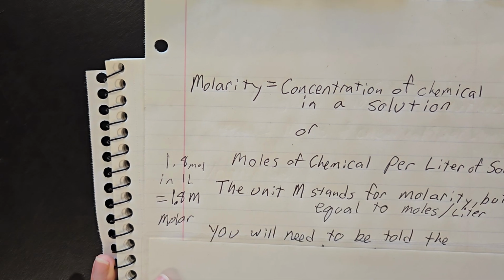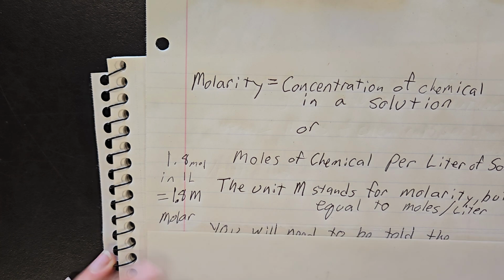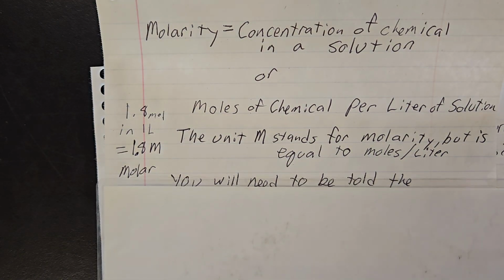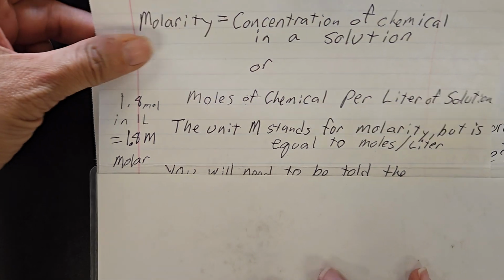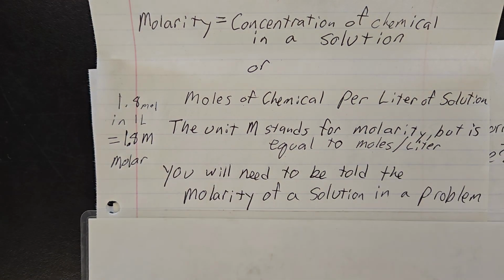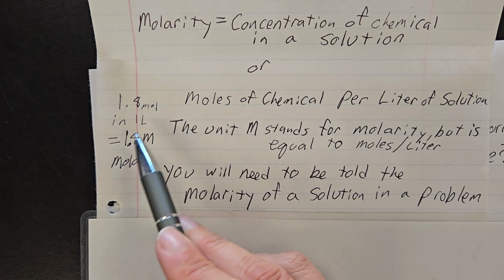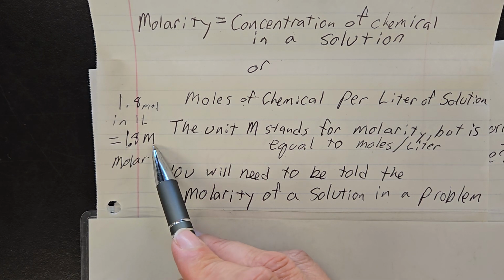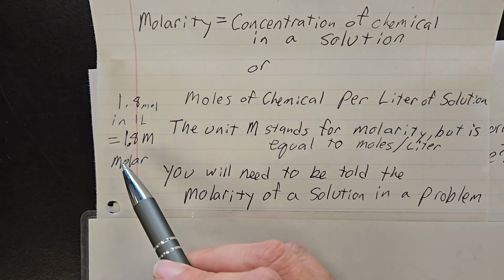M-O-L-A-R, molar is the descriptive term. So where do we get that? Frankly, we'd have to be told what that number is. That's going to be in the problem, and it will be written like this: 1.8 capital M, and that gives you the molarity that we need.